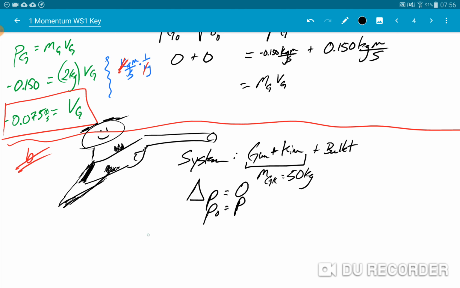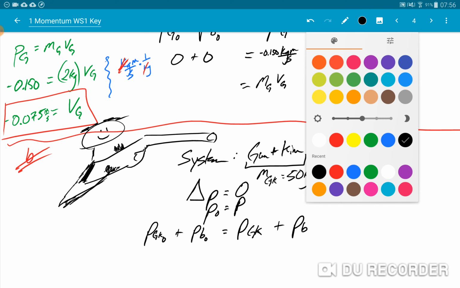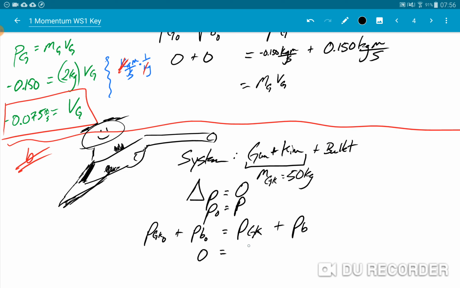And so now I go, oh, the momentum of the gun Kim beforehand plus the momentum of the bullet beforehand. We know that both of those are 0. And then afterwards, the gun Kim system has some momentum, maybe, and the bullet probably has some momentum, as we saw before. We know that both of these are 0 beforehand, so what's going on afterwards?